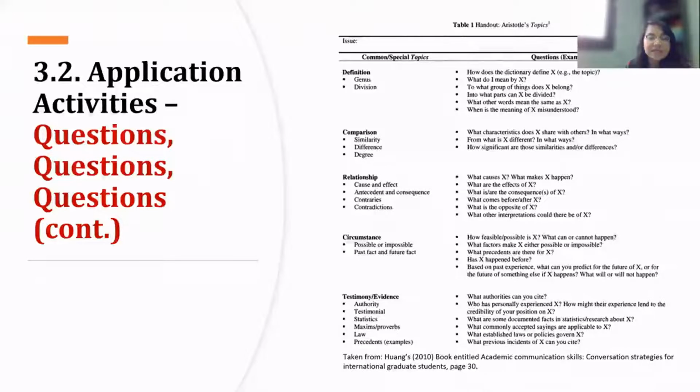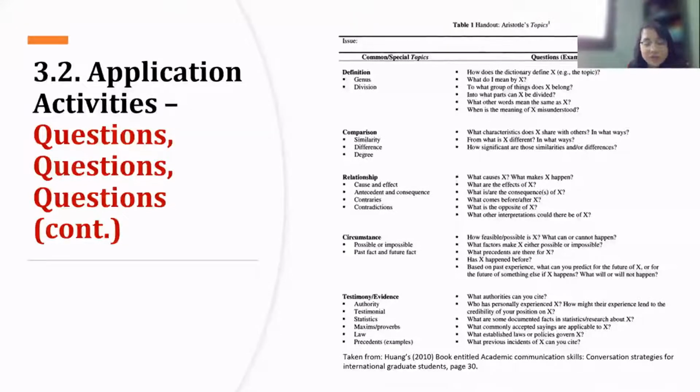And the last one is testimony or evidence. For example, you want to ask the other members of the discussion about the authority, the testimonial, any statistic, or simply any proof related to the issue, especially when the members are presenting something debatable or something that needs further analysis.